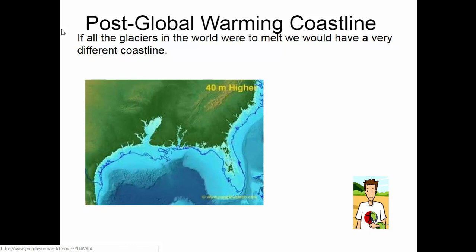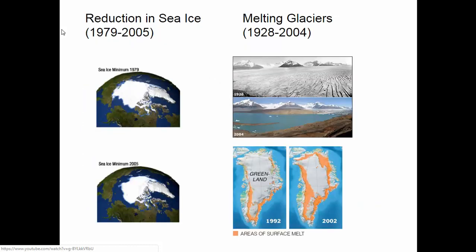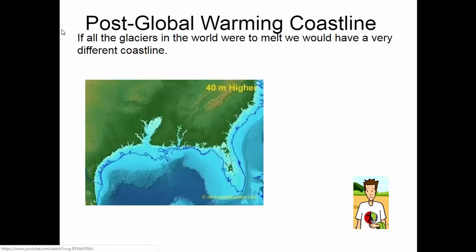If we were to lose all of this ice on Greenland, it all melted, which is possible if we don't change, and we lose the ice in the Arctic and Antarctica, this is what the predictions are would happen to sea level. Sea level 40 meters higher. This is the existing coastline of the United States.